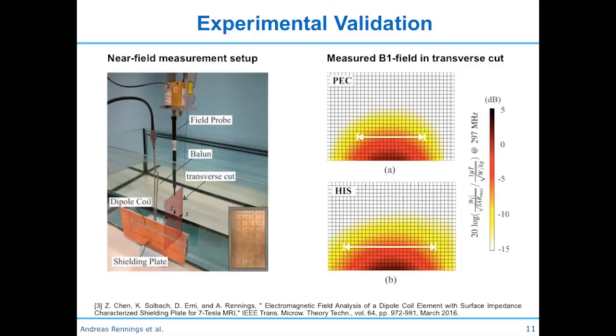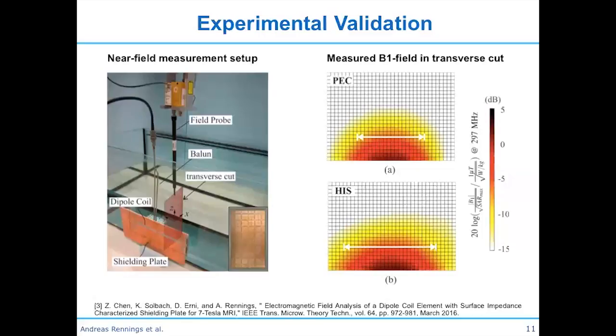The normalization has been done in an equal manner. We normalize everything on the local SAR max. And we definitely see that for the PEC case, the distribution is more narrow compared to the HIS case. The PMC case is not available because we cannot buy such a shield.